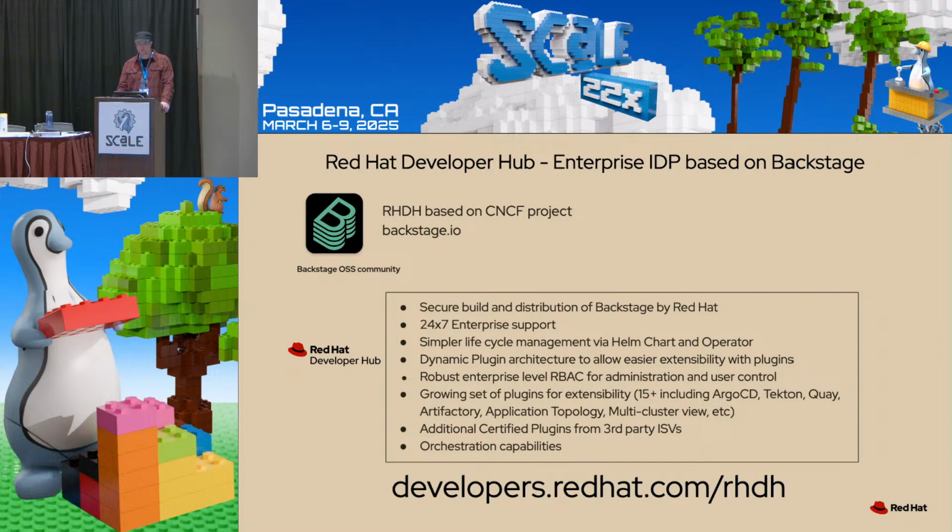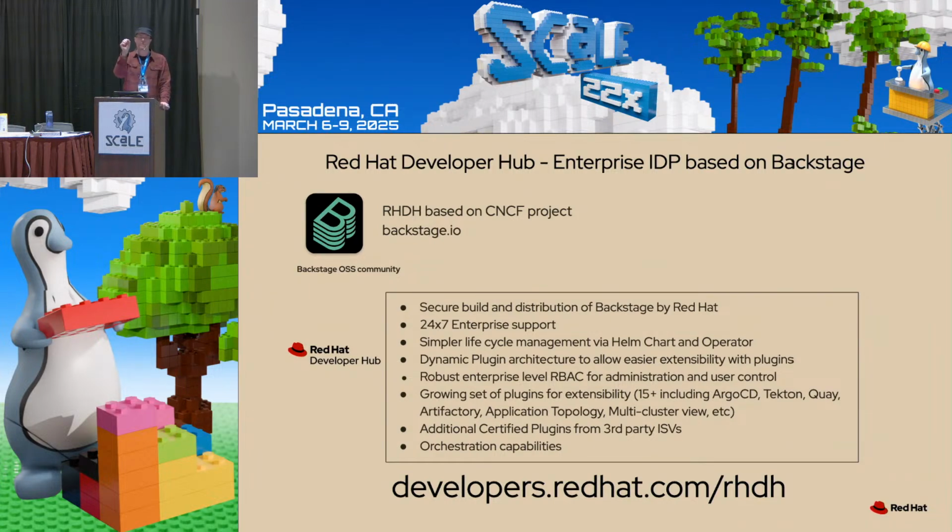Red Hat also has its own version of Backstage, an enterprise version known as Red Hat Developer Hub. There are a couple of differences here. One of the main differences is the way we manage plugins. RHDH has a dynamic plugin system, so you have little dip switches or checkboxes.